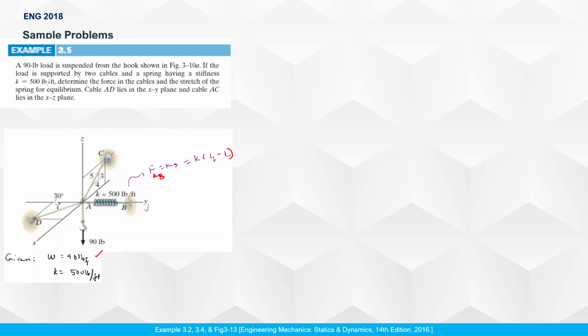This is pound force per foot. So we're given the 500 pound force per foot dito. Check. Determine the force in the cables and the stretch of the spring for equilibrium. So we're determining the cables here and the stretch here. So basically we're finding S. Okay? Well, technically we're also finding the force here as well.